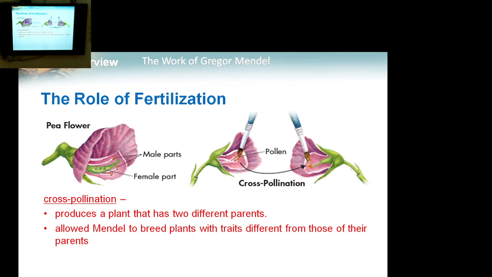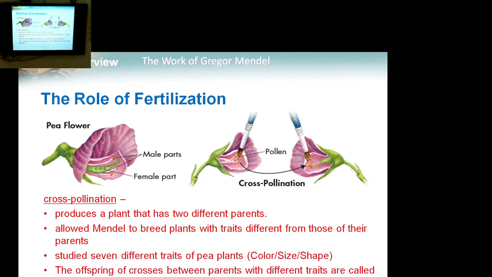This allowed Mendel to breed plants with traits different from those of their parents. So the traits here are different from the traits here, and the resulting offspring will share traits from both parents. He studied different traits of pea plants, like color, and the size and shape of the seed, the flower, and even the plant itself.